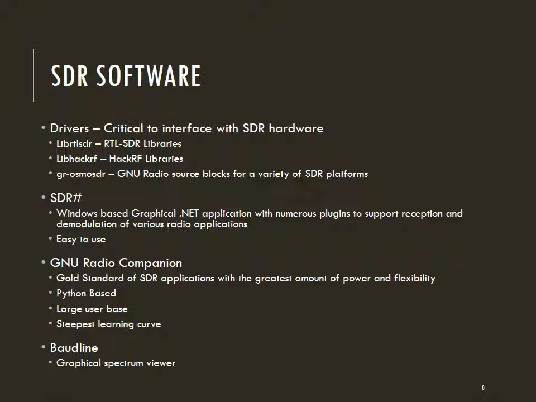GNU Radio is a little bit more robust. It's Linux-based, and using kind of a modular approach, you can build any kind of system that you would in physical hardware in software using their software modules. And Baudline, of course, is a visual way that you can see the signals and analyze them for visualization.